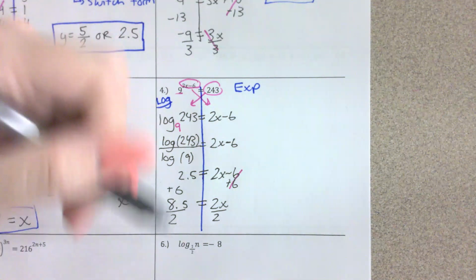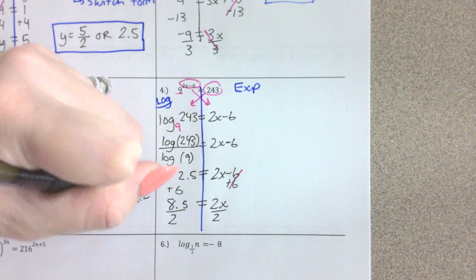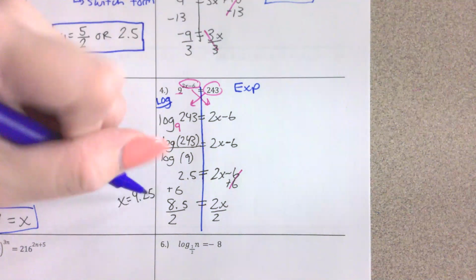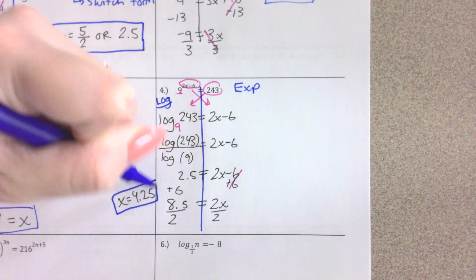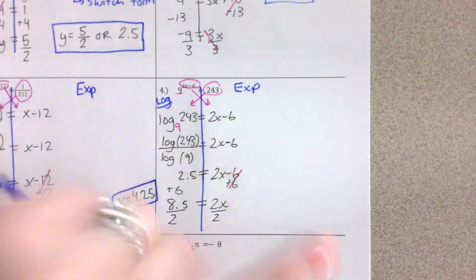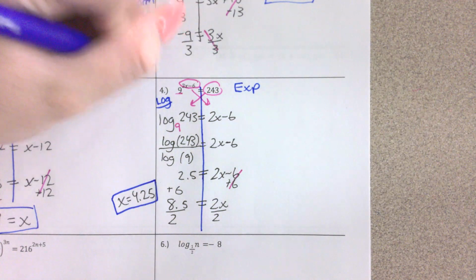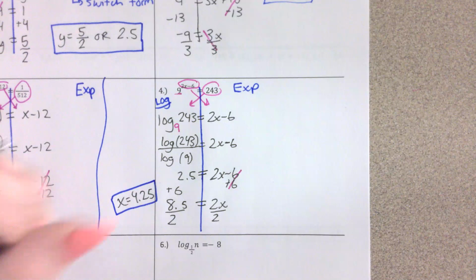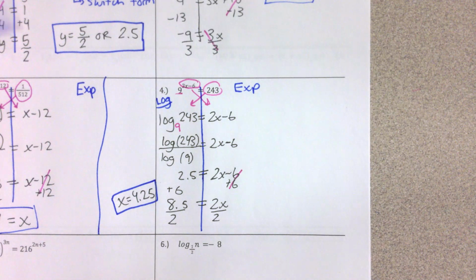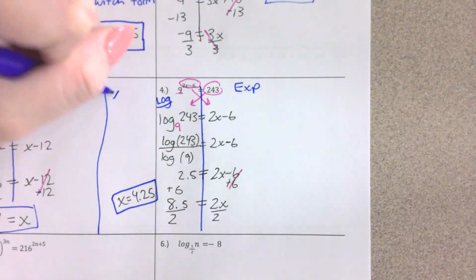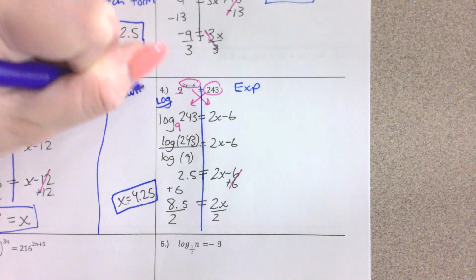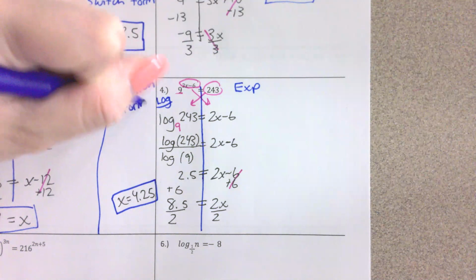X equals 4.25. And I know I'm going to need quite a bit of room for the other method, so I don't want to crowd that space. So this is the switching the form way to do it.